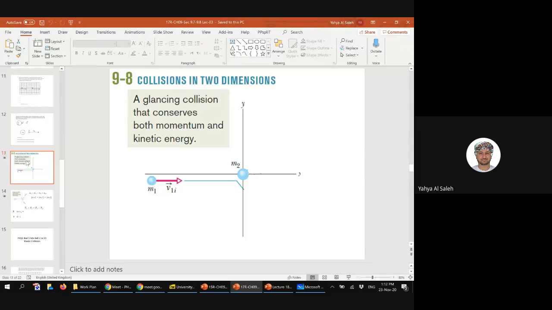As we saw in this example, and I've chosen this example on purpose, it can be that momentum is conserved, but energy is not conserved. So for this to happen, you need somehow to magically invent 10 times the energy. Where did it come from?